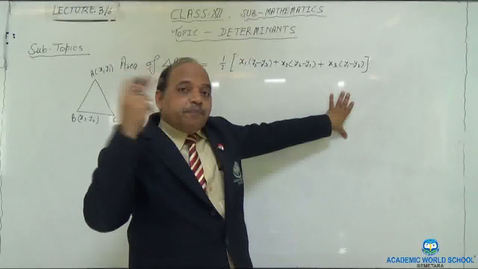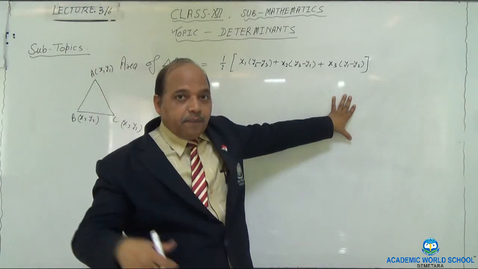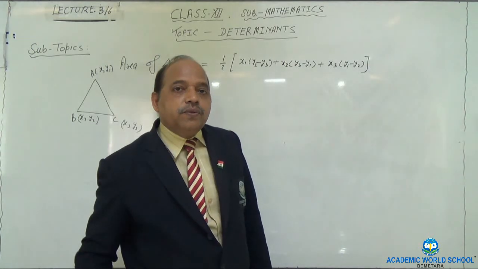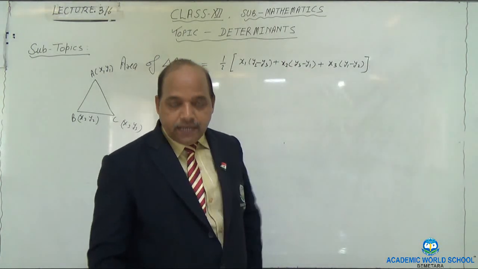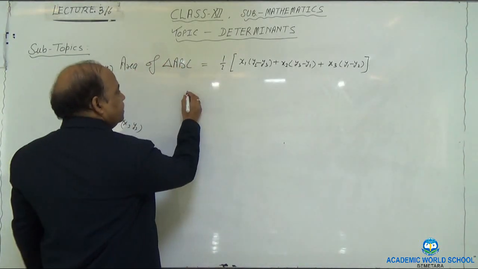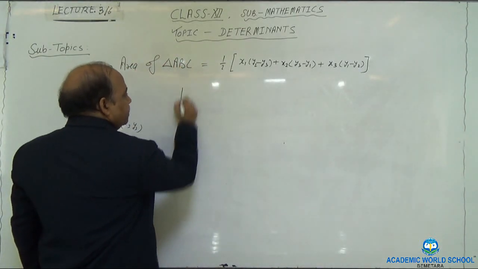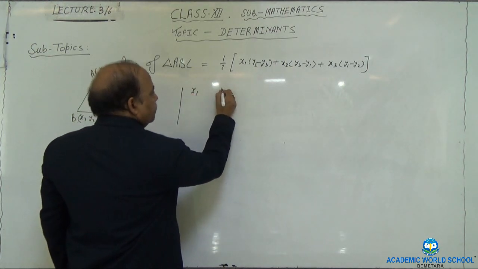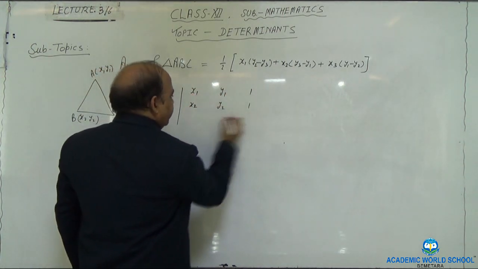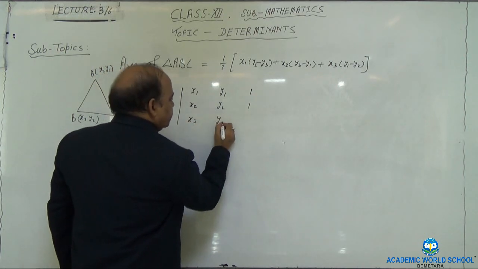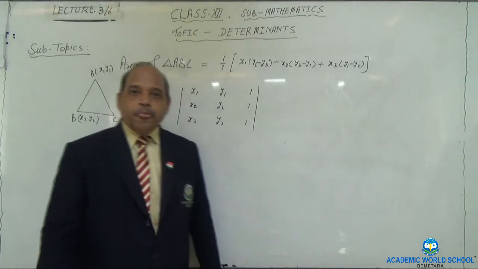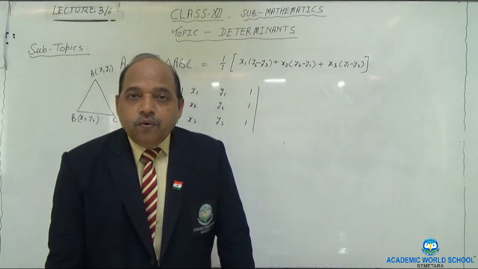So that method you applied, and then after applying you got this one. Now in this class, what I just simply want to tell you is this. If I say just expand the determinant x1, y1, 1, x2, y2, 1, x3, y3, 1, if I ask you to simply expand this, then what will be the value of this?